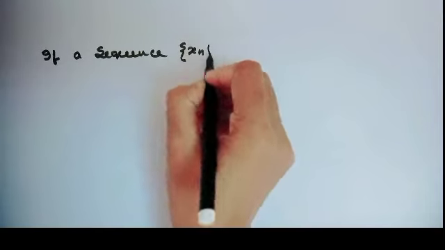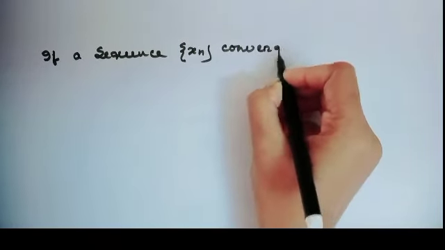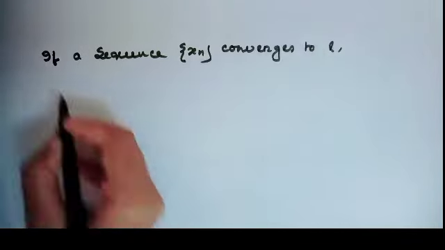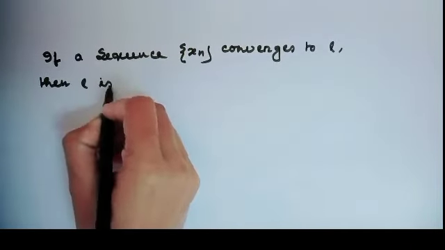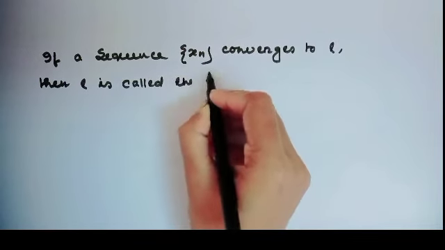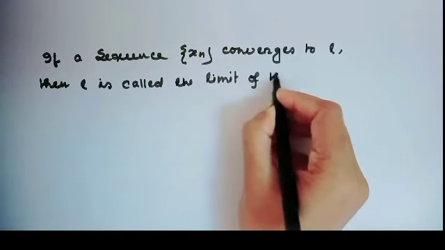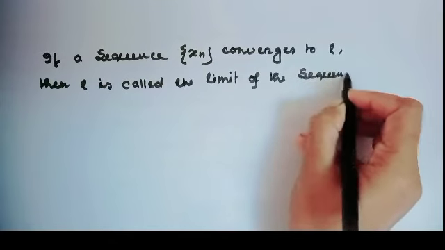If a sequence xn converges to L, then L is called the limit of the sequence xn.